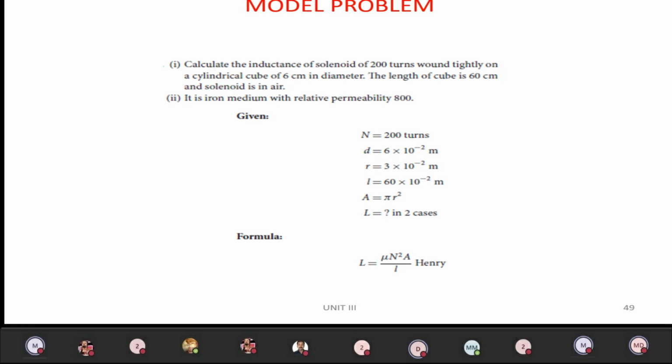Okay, so here we have to calculate inductance for two cases. First one, relative permeability is 1 because it is an air medium. Second one, relative permeability mu r value is 800. That's what is given there. So for the air medium, what will be the inductance? Mu n square A by l, with mu r equal to 1.